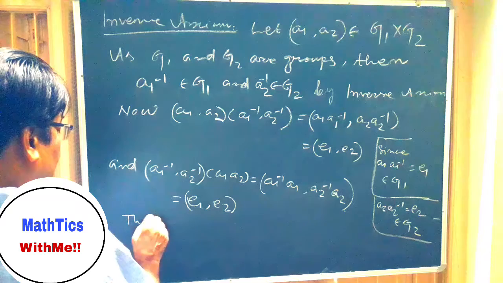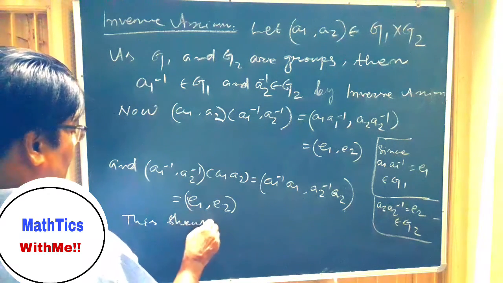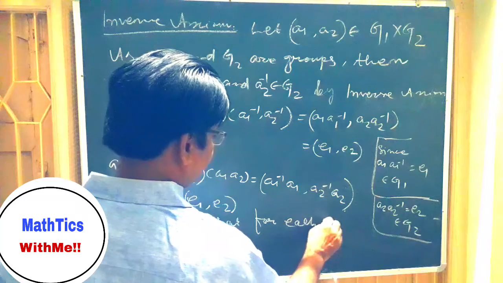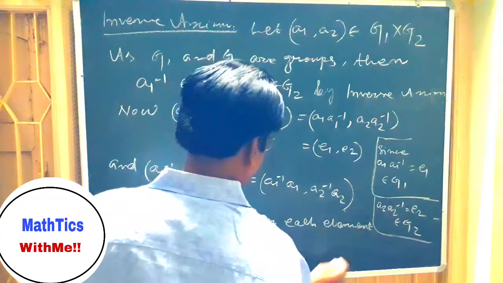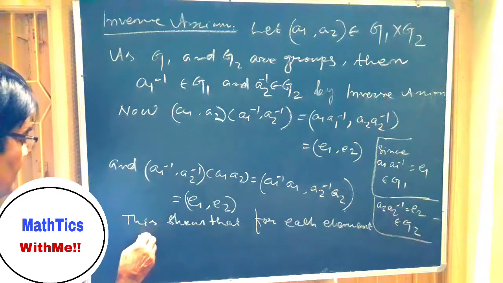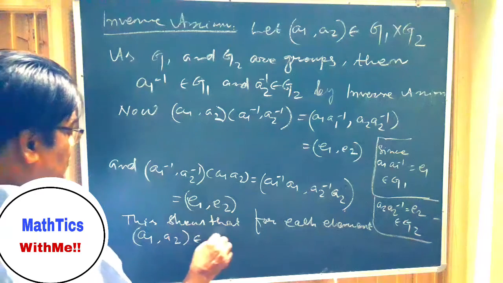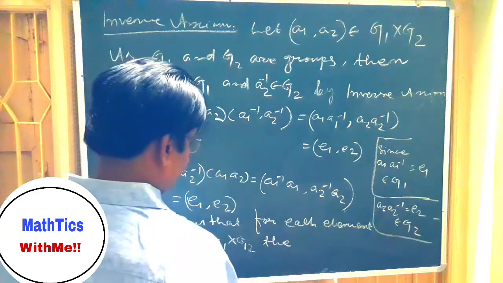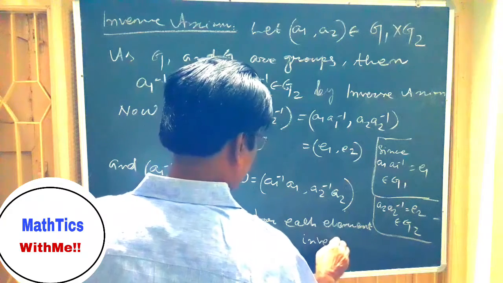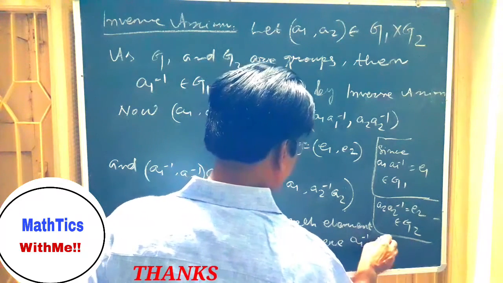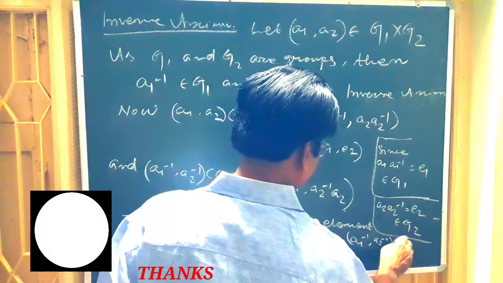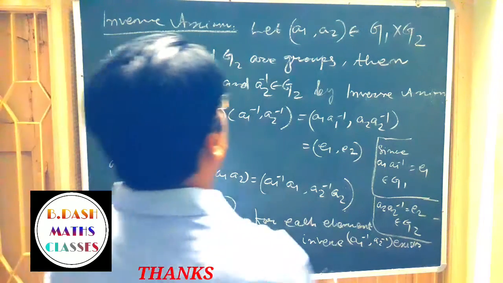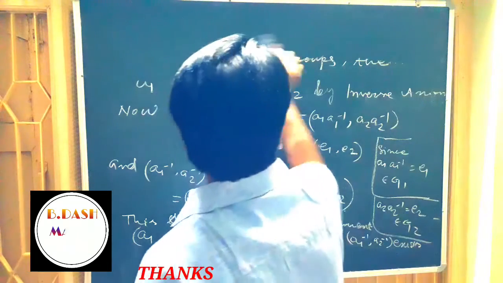So for each element (a1, a2) belonging to G1 cross G2, the inverse (a1 inverse, a2 inverse) exists in G1 cross G2.